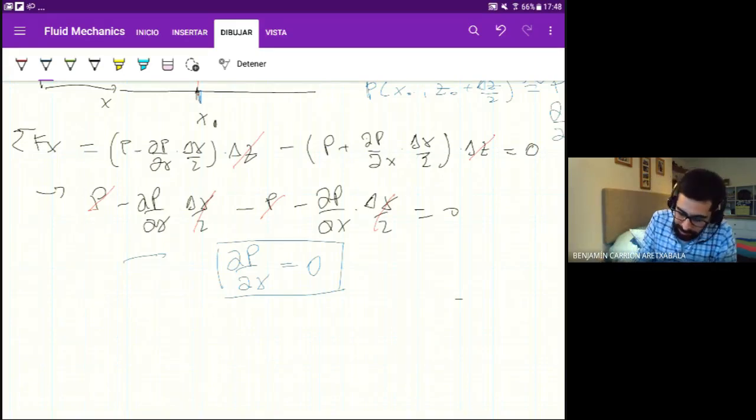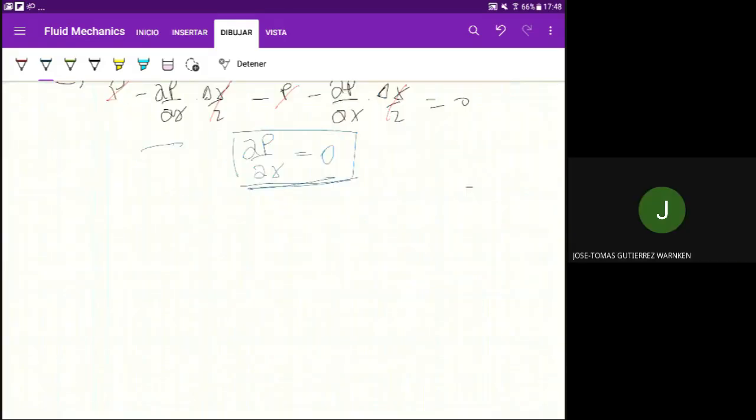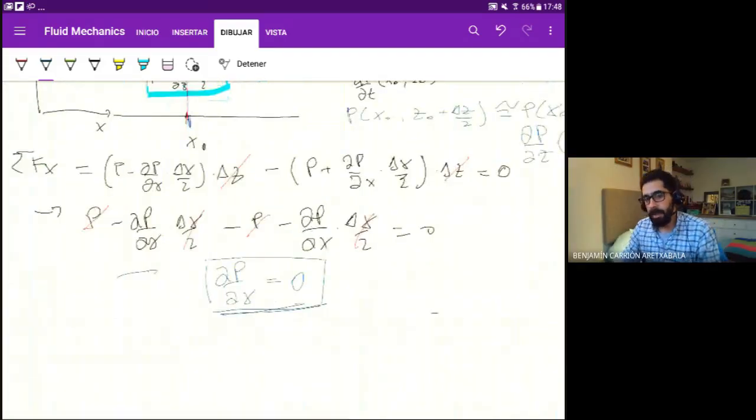Okay, so this is one conclusion. Excuse me, could you repeat that? Yes. What I'm saying is that if the horizontal gradient is 0, that means that 2 points that have the same vertical position will have the same pressure.